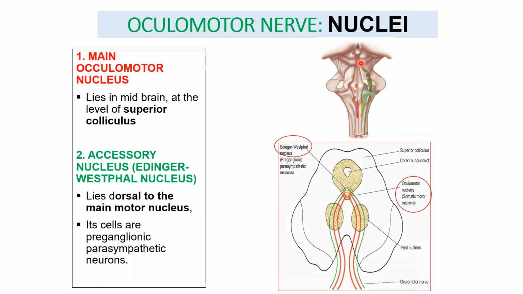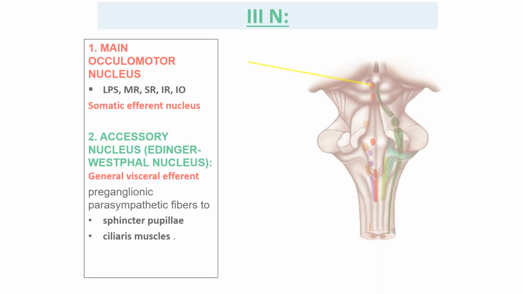So as you can see, at the level of the midbrain, at superior colliculus level is the main motor nucleus, oculomotor nucleus for the extraocular muscle, and for the ciliaris and constrictor pupillae, the Edinger-Westphal nucleus, which carries the preganglionic parasympathetic fibers. This is representing the accessory nucleus, Edinger-Westphal nucleus of oculomotor. So two components of oculomotor nerve nuclei are there.